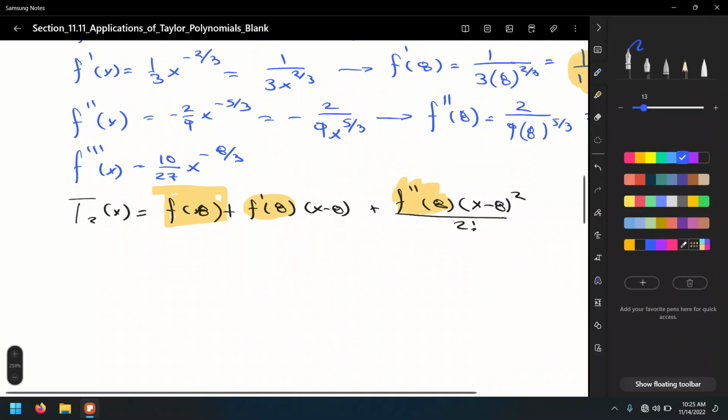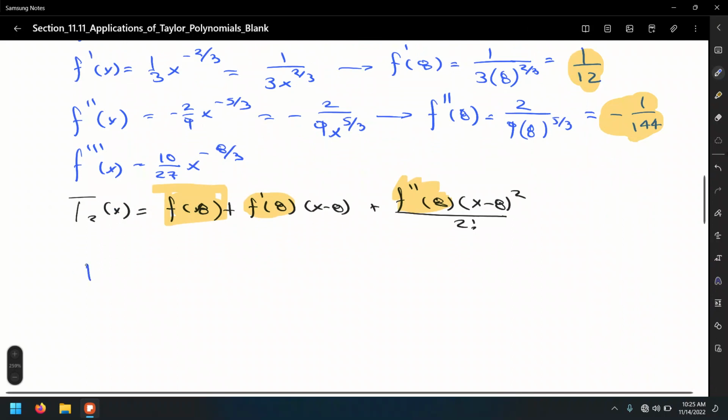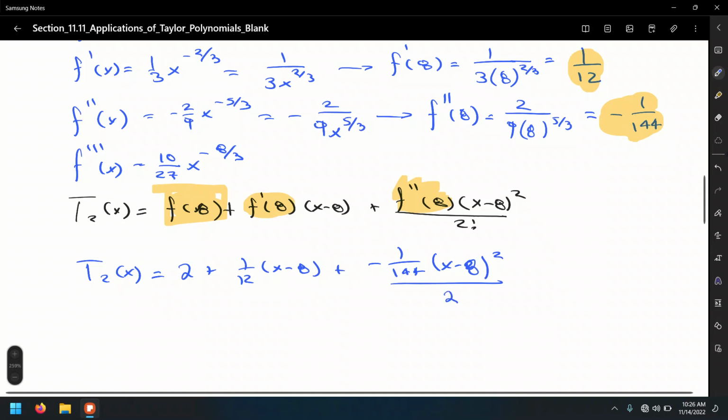And well, T sub 2 equals 2 plus the derivative evaluated at 8, that's 1/12 (x minus 8), plus the second derivative evaluated at 8, which is negative 1 over 144 (x minus 8) squared, the whole thing divided by 2 factorial, which is 2.